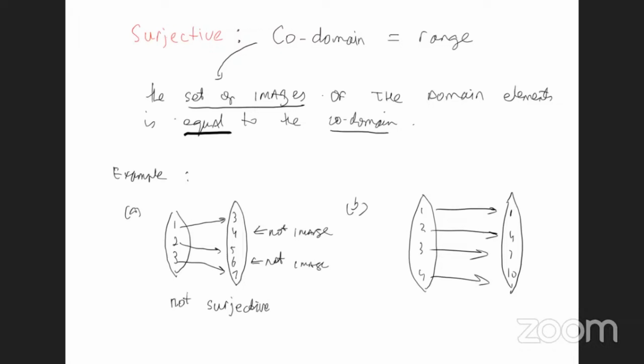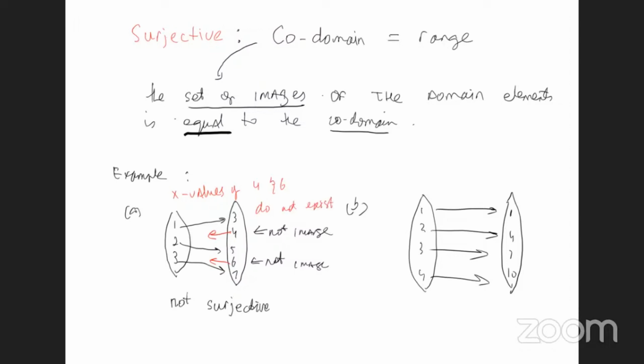If I were to try to find an x value for 4, it doesn't exist. If I were to find an x value for 6, it doesn't exist. So by doing that, I could show that the function is not surjective. So notice x values of 4 and 6 do not exist.